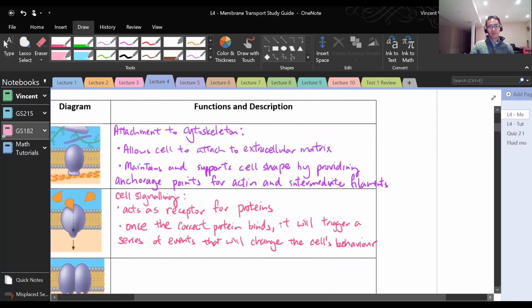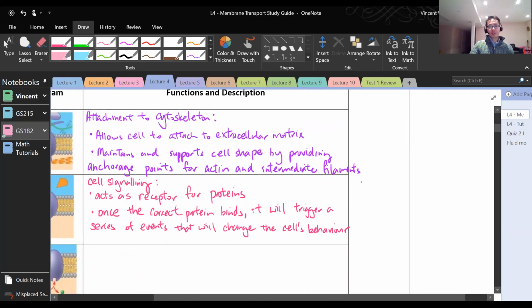So an example of this would be protein hormones.